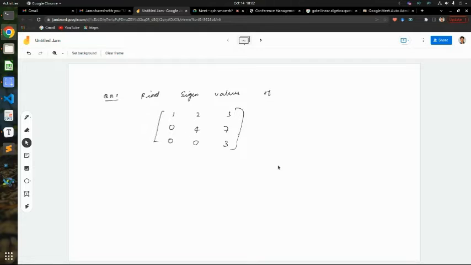I hope you remember row reduced echelon form. It turns out that upper triangular matrices are nice matrices and they have lots of properties. In this question, they are asking us to find the eigenvalues of the given upper triangular matrix.